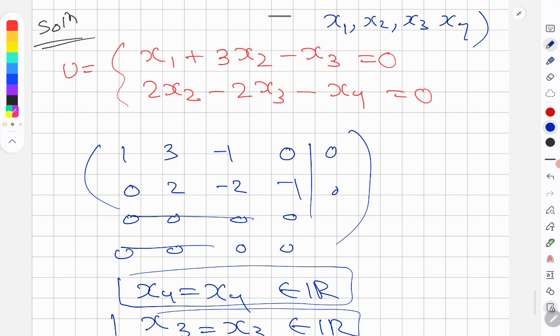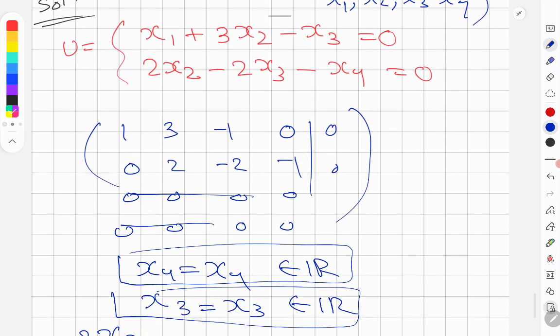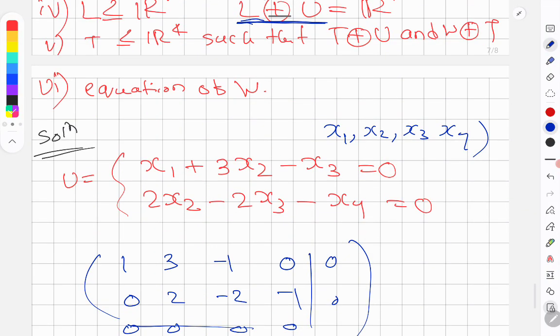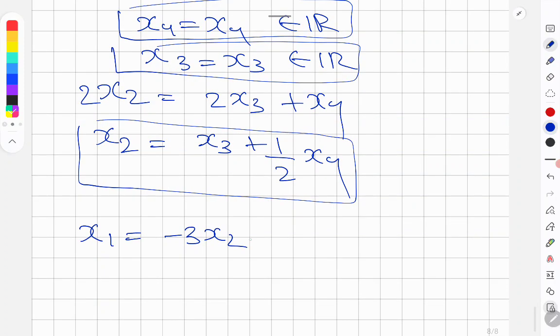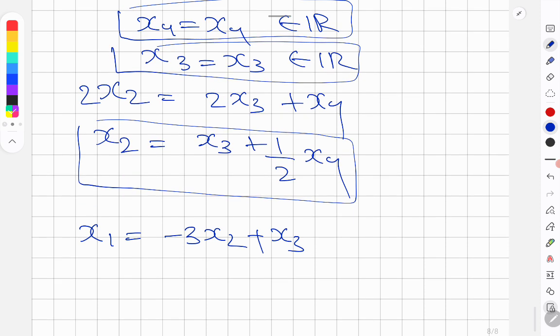And we have the first equation as x1 is equal to negative 3 times x2, and x3. Here it was negative, I took it to that side. So then you can substitute the value of x2 over here.